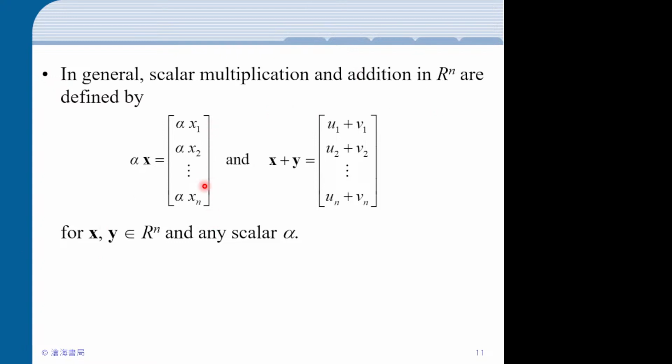Given an n-dimensional vector x1, x2 to xn, you can multiply it with a scalar alpha, so alpha times x gives alpha x1 to alpha xn. And with two vectors u and v, you can add them together, and the resulting vector is u1 plus v1, u2 plus v2, to un plus vn.